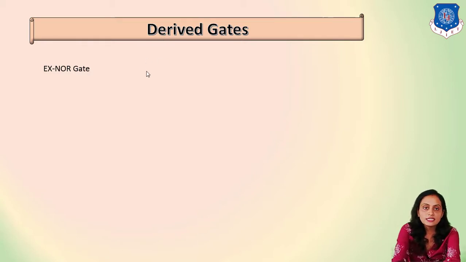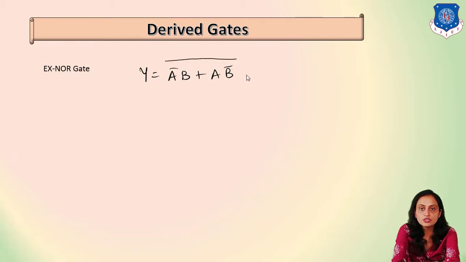Another derived gate is XNOR. The equation for the XNOR is Y equals A bar B plus A B bar, with a NOT of it. It is just the equation for the XOR gate, and we will just put NOT of it. Or else if we solve this equation with De Morgan's theorem, you will get the solution AB plus A bar B bar.